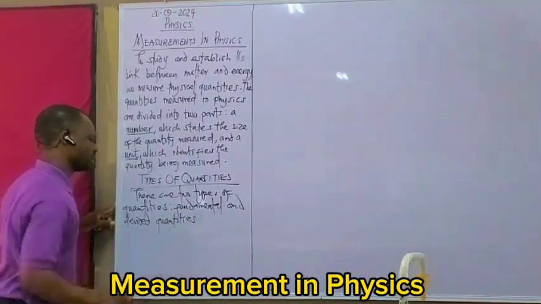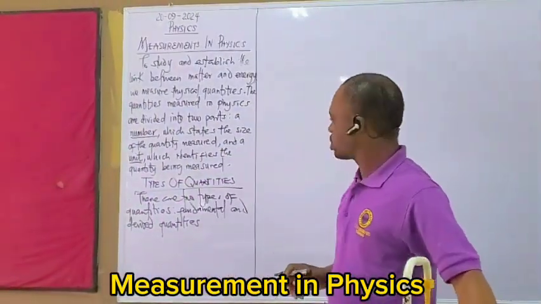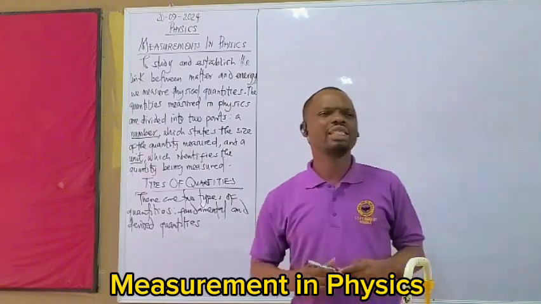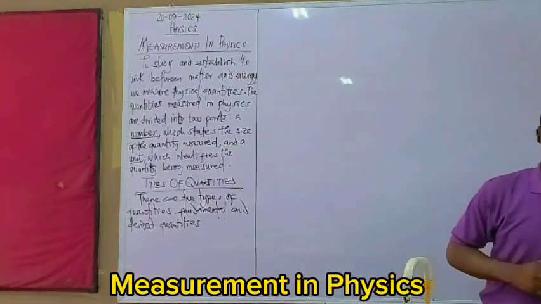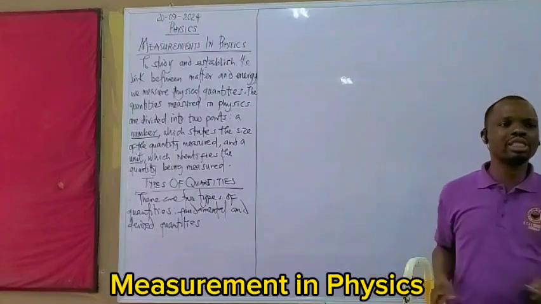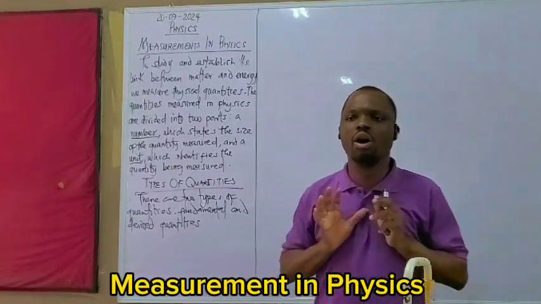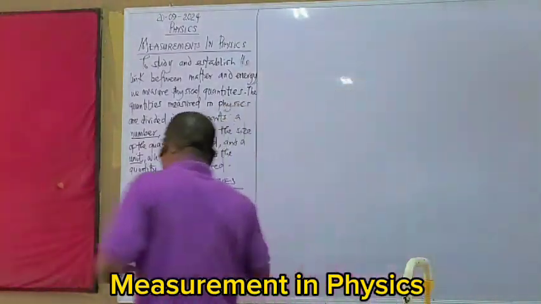What if you are asked to state what is a fundamental quantity? It is a quantity on which other quantities depend. That means it is a basic quantity from which other quantities are gotten. So we have 7 of them.